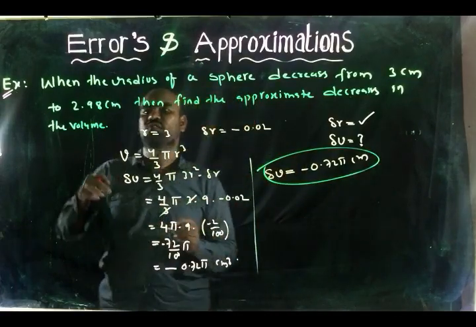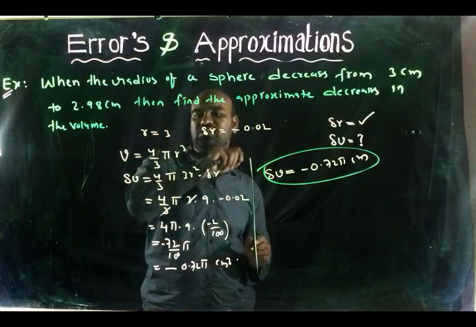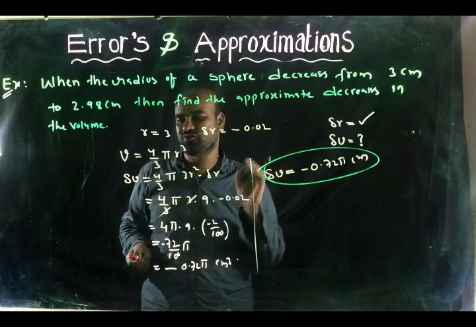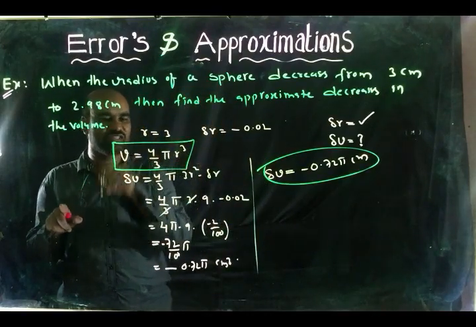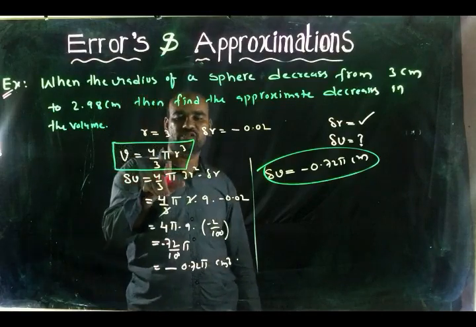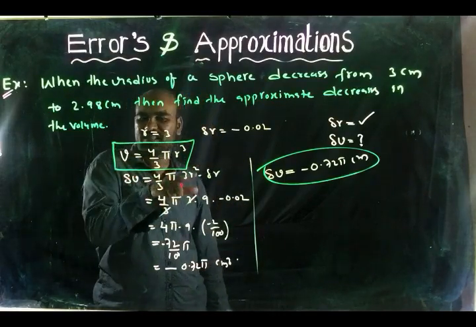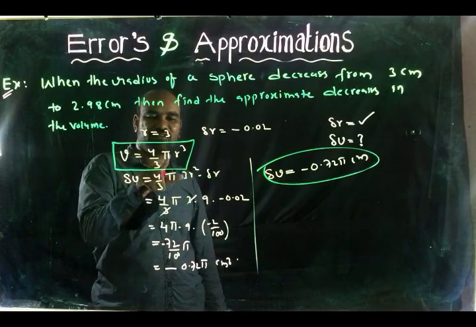So here radius changes from 3 to 2.98. Find approximate change in volume, that is delta V. This is the formula to find the volume of a sphere. V equal 4 by 3 pi r cube. Differentiating with respect to r, dV by dr equal to 4 by 3 pi into 3r square.